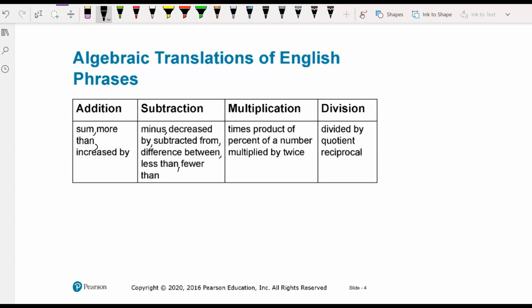Multiplication is times, product of, percent of a number, multiplied by, twice. Division is divided by, quotient, and reciprocal.